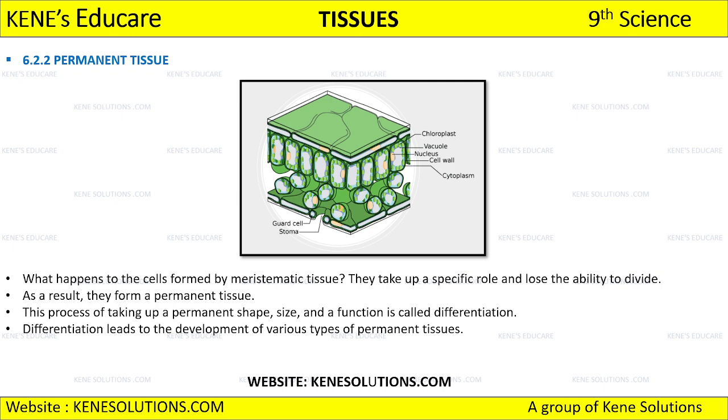And whenever you are writing on permanent tissue, you have to draw this diagram showing the guard cell, stroma, chloroplast, vacuole, each and every organelle which can be seen on the screen. I hope everyone is going through it.